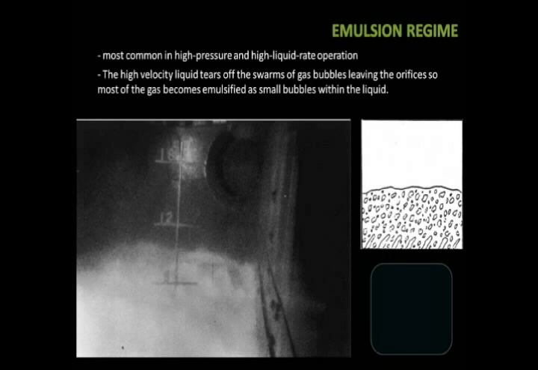In industrial practice, it is the most common in high pressure and high liquid rate operation. At high liquid loads and relatively low gas loads, the high velocity liquid bends and tears off the swarms of gas bubbles leaving the orifices, so most of the gas becomes emulsified as small bubbles within the liquid. The mixture behaves as a uniform two-phase fluid obeying the Francis weir formula.